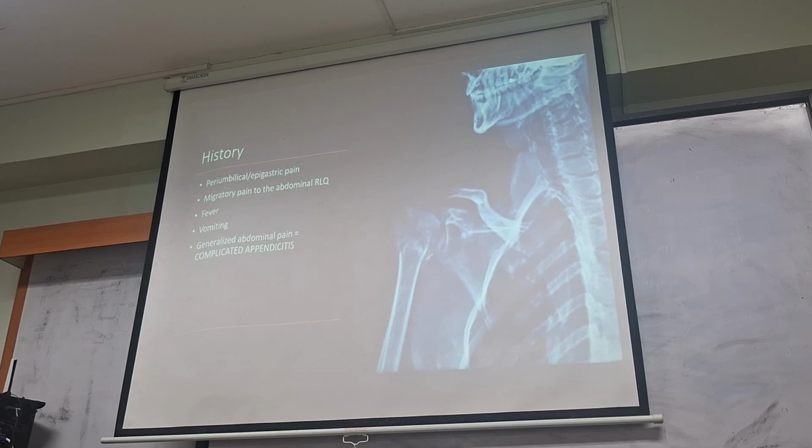Now, if the patient develops generalized abdominal pain, that is what we call a complicated appendicitis, because there's already maybe rupture and spillage of abscess and fecal material within the peritoneal cavity. Sometimes a ruptured appendicitis could have localized peritonitis. Maybe a phlegmon can catch, or the omentum can catch the purulent material that comes out and form a phlegmon.